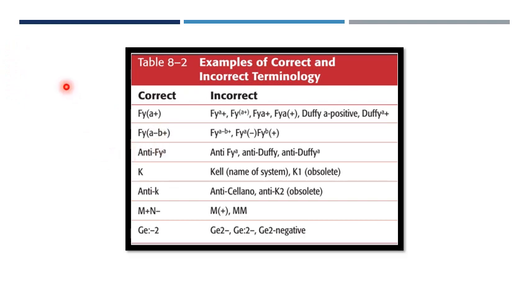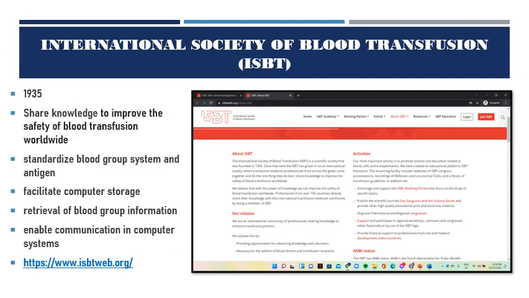So let's move on to the next slide. So, napapansin nyo, medyo magulo ang ganung klaseng nomenclature. So, in order to standardize blood group system and antigen names, the International Society of Blood Transfusion, or ISBT, formed the Working Party on Terminology for the Red Cell Surface Antigens.